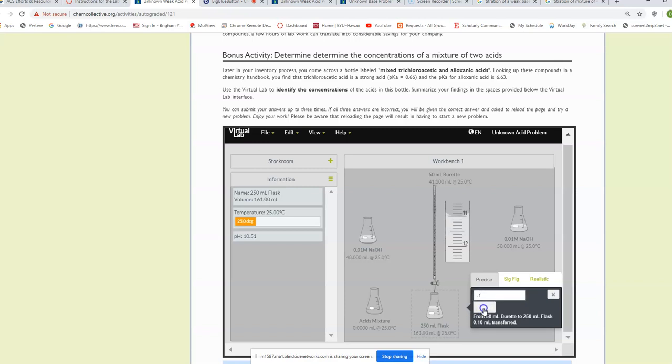I think in this one, what we want to do is actually make the graph. Chance, did you say you were actually making a graph before of your pH versus volume added?